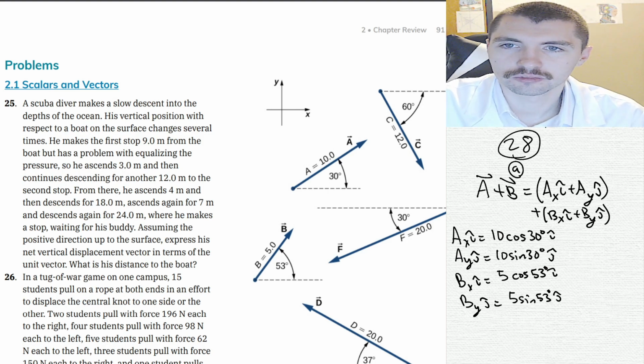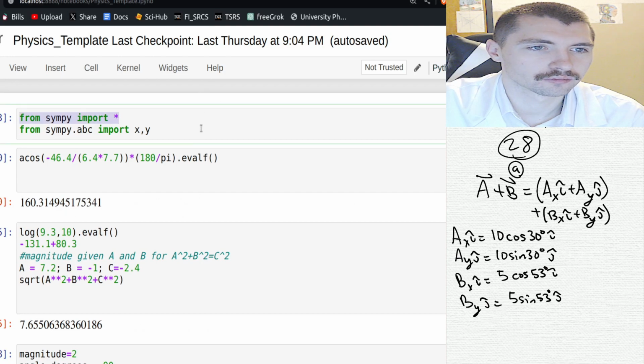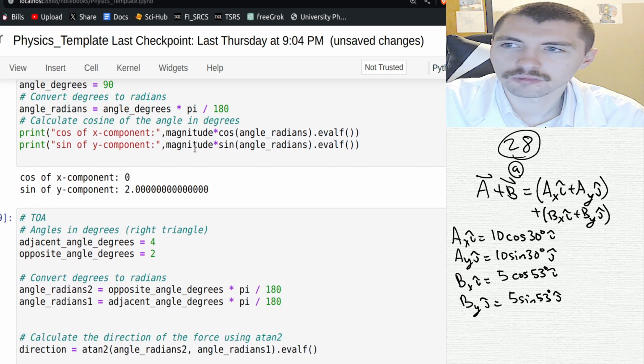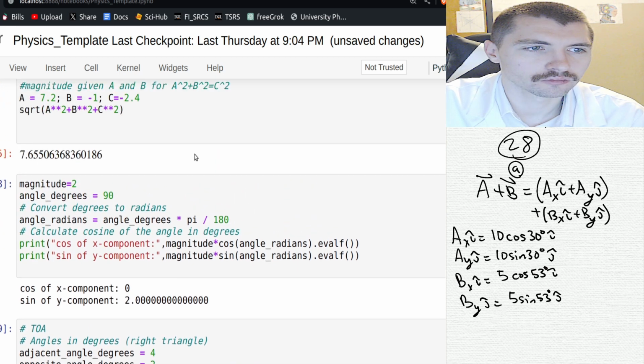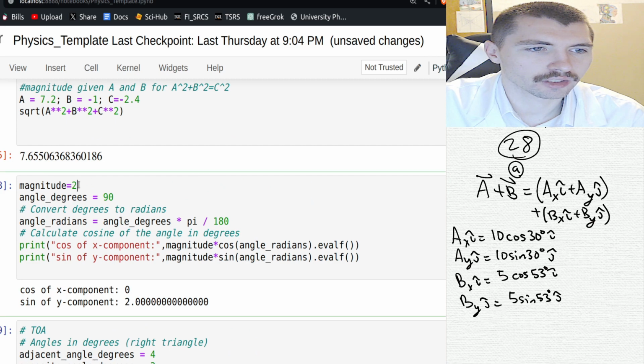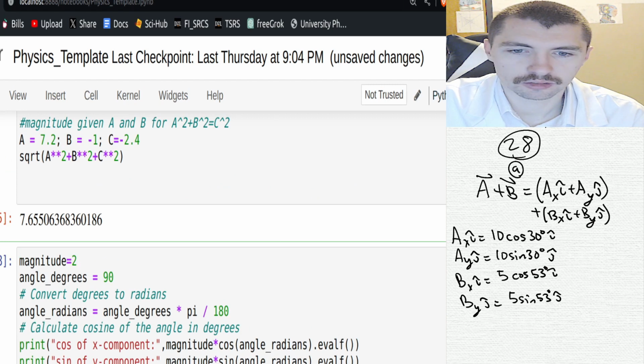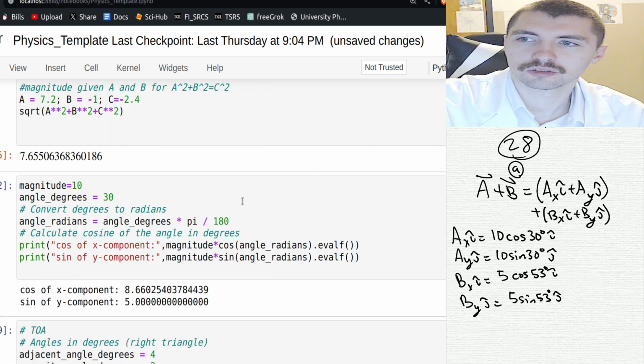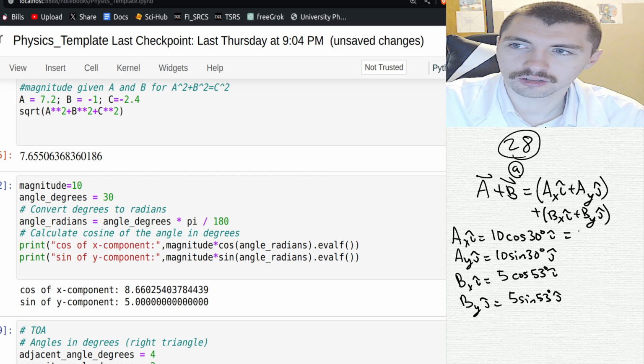Okay, so let's do that. 10, 30 degrees. So I'm getting 8, let's say 9.